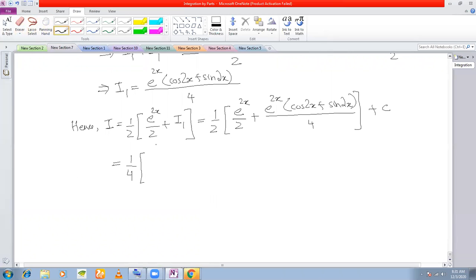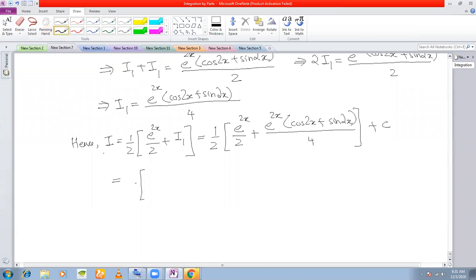So this is 1/4 e to the power of 2x, and you can take e to the power of 2x common throughout: e to the power of 2x times 1 plus cos 2x plus sin 2x.